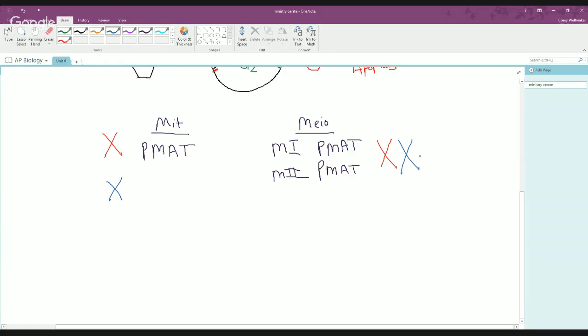Okay. So because they're lining up like this over here, during anaphase 1, the homologous pairs are going to separate. The sister chromatids are not going to be pulled apart during anaphase 1 of meiosis 1. Over here, the sister chromatids are pulled apart.